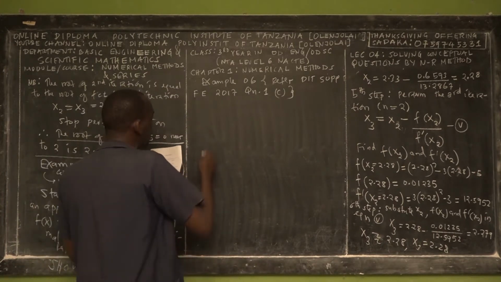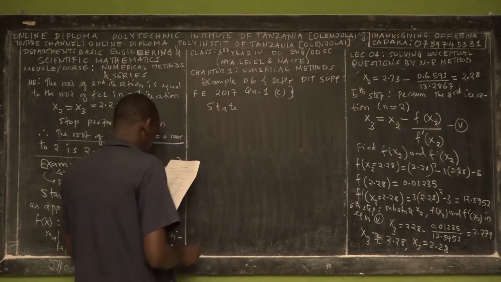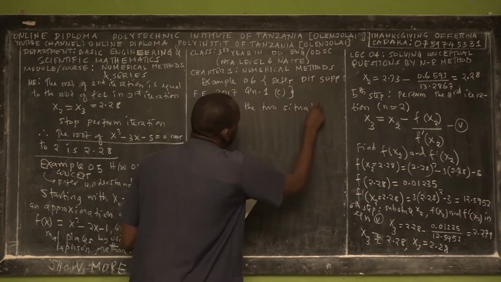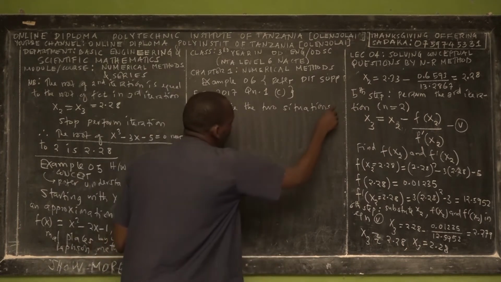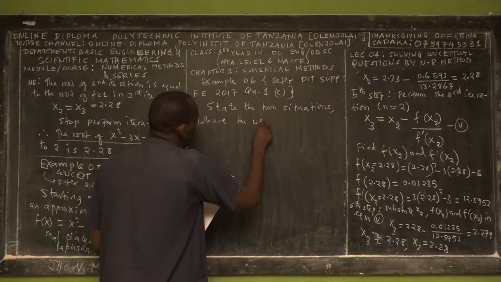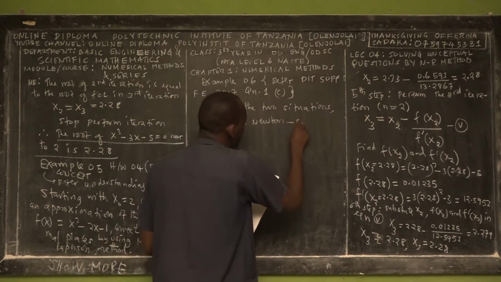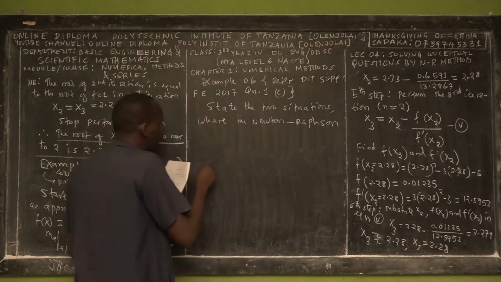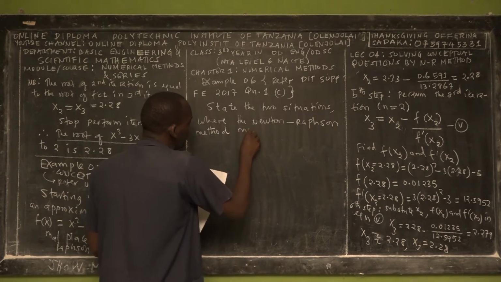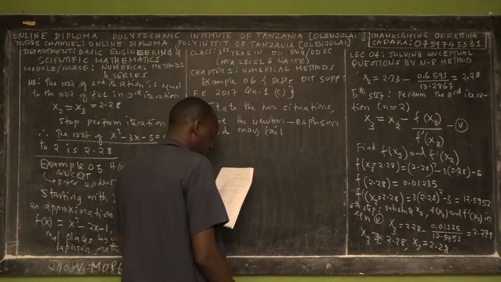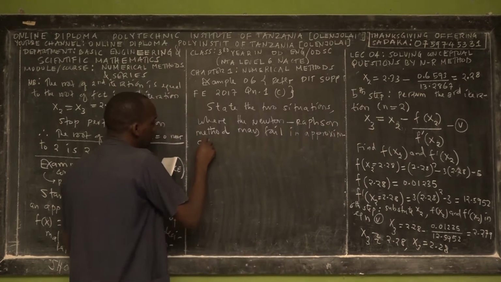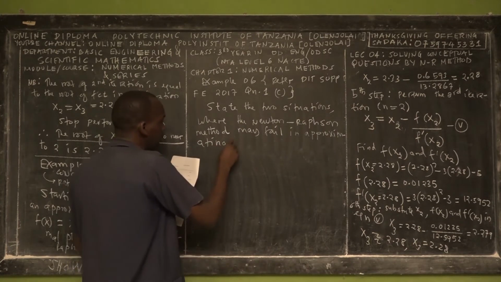So the question states: state the two situations where the Newton-Raphson method may fail in approximating a root of a function.